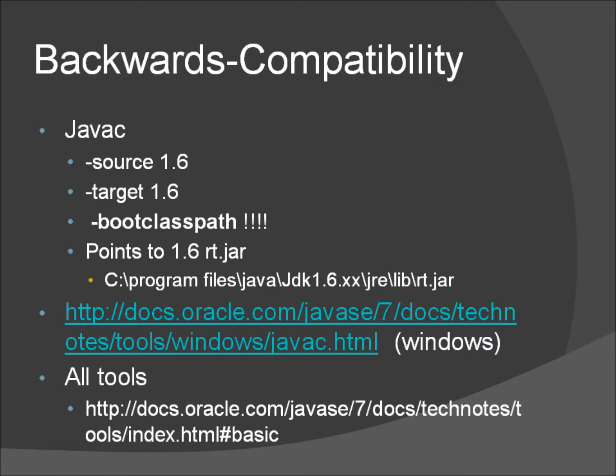This works in 7, and these are the other things you can do if you want to downgrade it to 6. But if you're building for 6, remember to have an rt.jar, because a lot of people just don't do this. That is either checked into your code as a dependency for 6, or is available as a class environment if you have an end build, or however magic you do it, so that when you compile to 6, you can specify the boot class path.